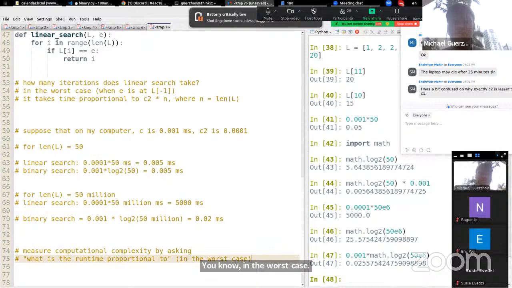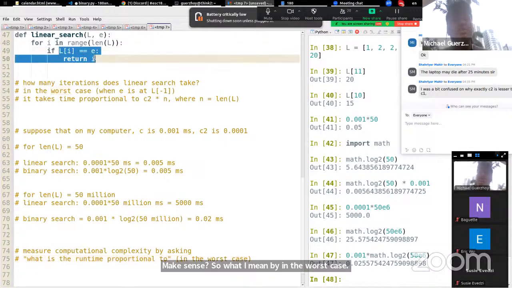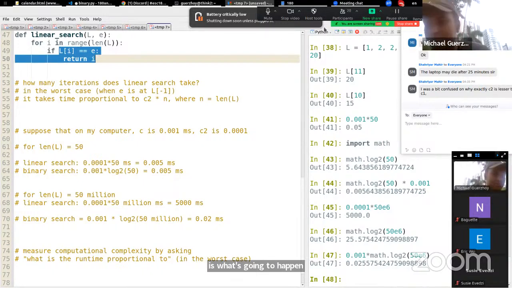Make sense? What I mean by in the worst case is it might be that you return right away here. But what I'm really interested in is what's going to happen when things go bad.